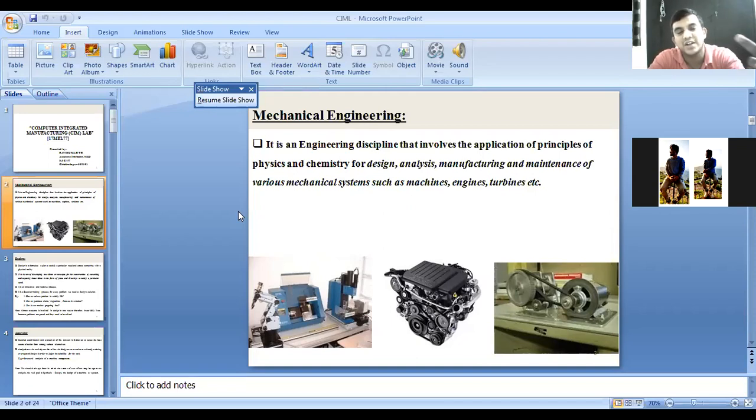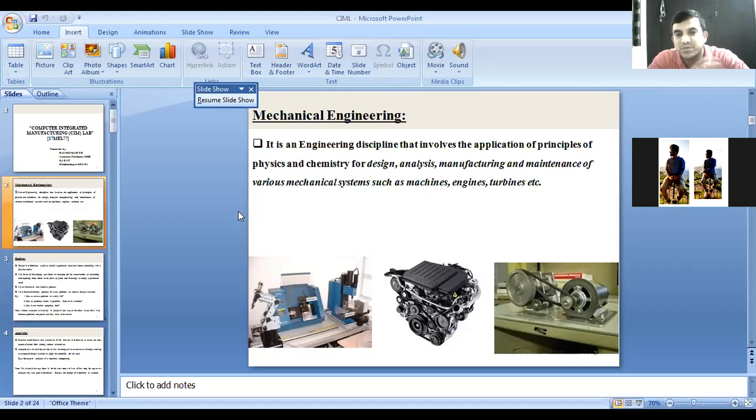Third, joining or locating devices such as rivets, bolts and nuts, threads, screws, keys, etc. Or mechanical energy storing devices such as flywheels, springs, tension rods. These are some of the mechanical devices or systems.